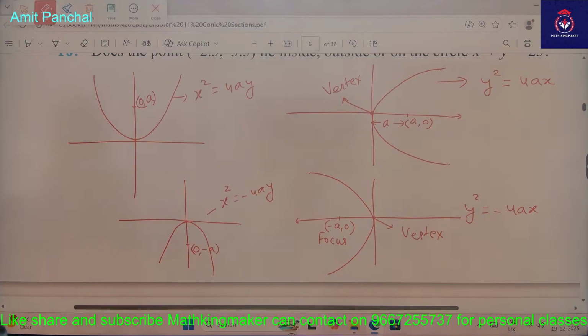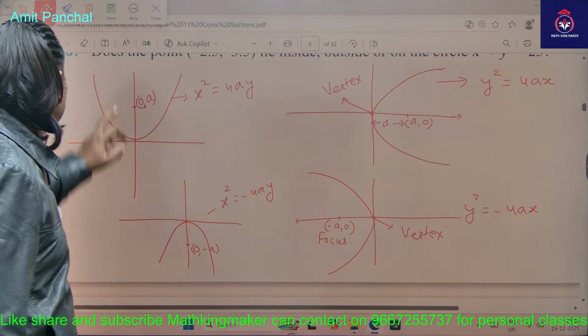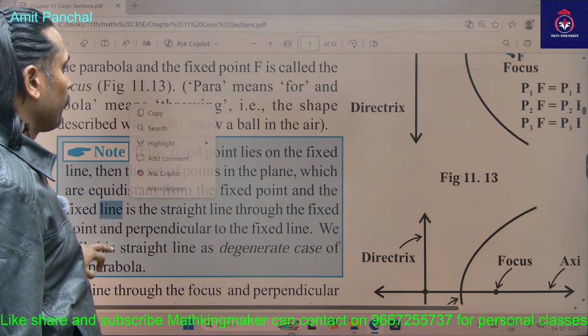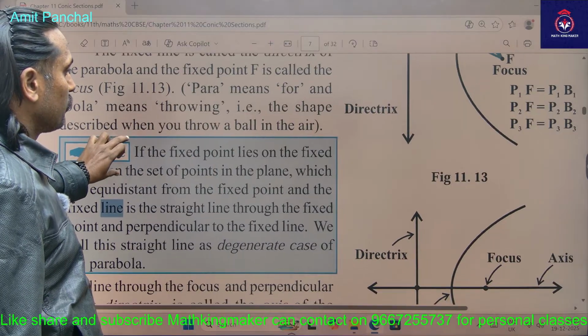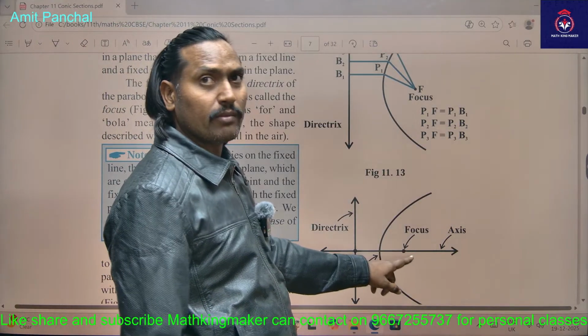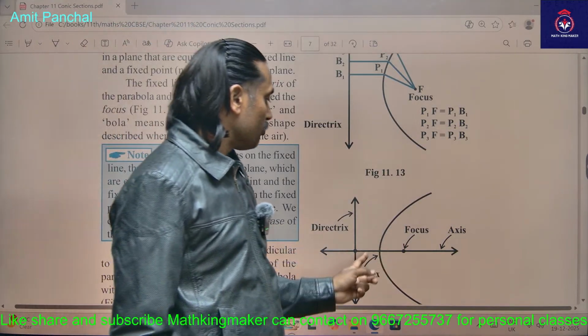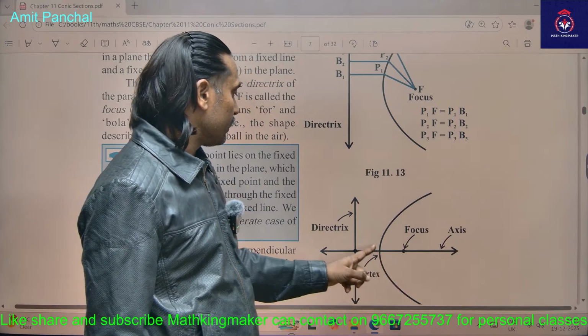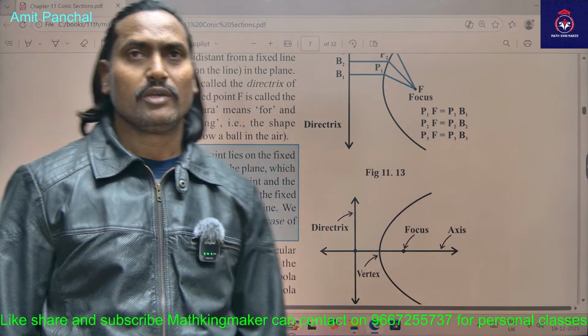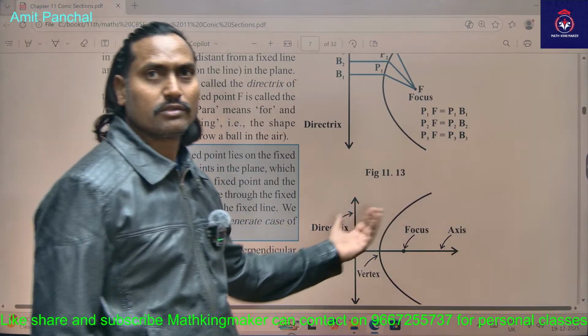Done? Okay, very nice. So now we'll understand its basic structure. This is the focus of the parabola, I already told you. This will be the axis of the parabola, this is the vertex, and that will be the directrix. Directrix is a straight line just opposite to the focus.